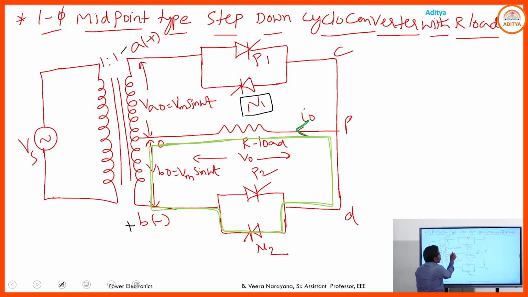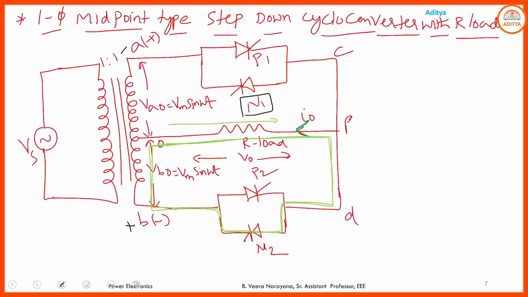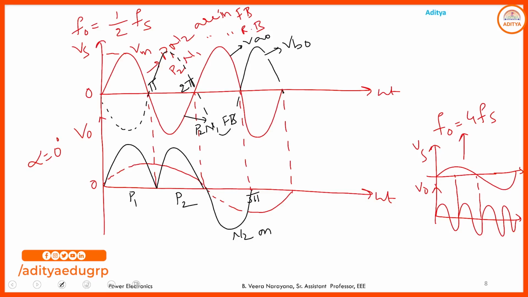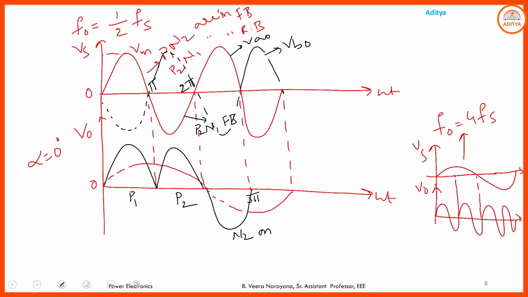So here you can observe the current flows from O to P, whereas in the first two intervals, 0 to pi and pi to 2 pi, the current flows from P to O, hence you have positive output current. But from 2 pi to 3 pi, the current flows in the opposite direction to the previous one, due to the conduction of N2. So the output voltage simply follows VBO. If N2 is on, you follow VBO and you have the output voltage like this.